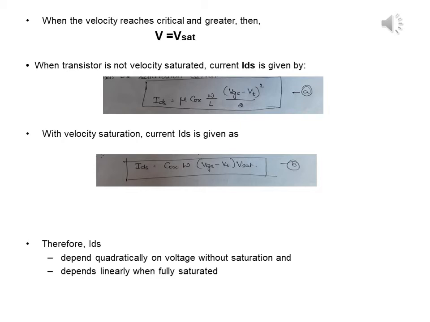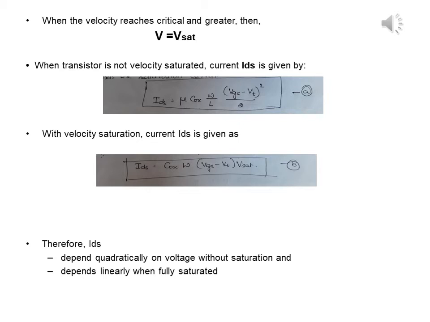When the transistor is not velocity saturated, the saturation current IDS can be given as mu into COX into W by L into (VGS minus VT) whole square divided by 2. This is the equation that we derived in our last class. With velocity saturation, the current IDS is given as COX into W into (VGS minus VT) into Vsat.